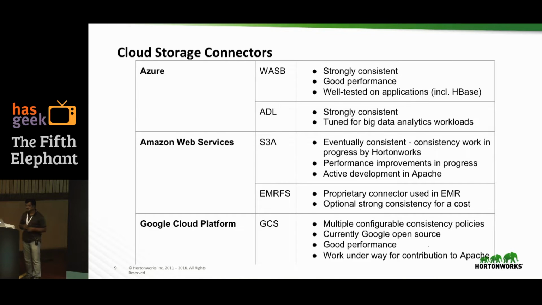EMRFS is a proprietary connector from Amazon for their EMR cluster, and it offers an optional consistency model or strong consistency model at an additional cost. Google offers GCS, which provides multiple configurable consistency policies and good performance, and they are planning to open source it pretty soon in Apache.